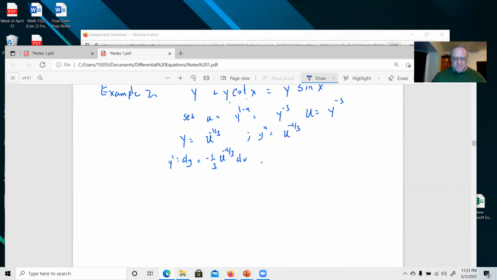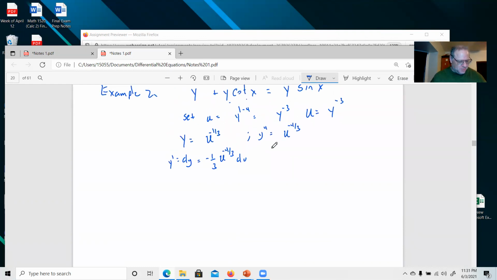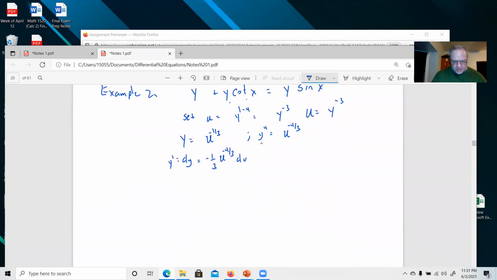Let's start replacing things. We have y' plus y cotangent x is equal to y to the 4th sine x.